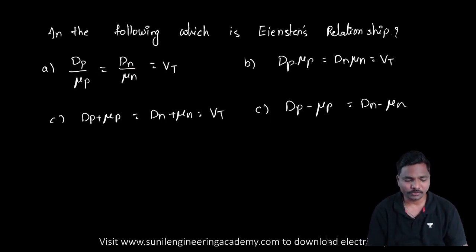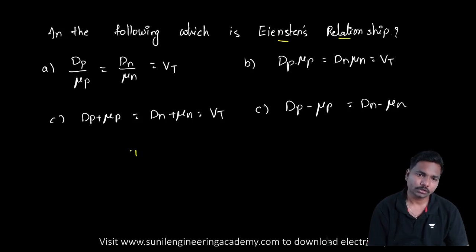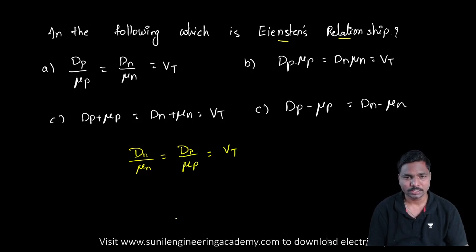In the following, which is Einstein's relationship? Einstein relationship is nothing but the ratio of diffusion constant to mobility. Dn by mu n is equal to Dp by mu p is equal to thermal voltage Vt. Yes, correct.